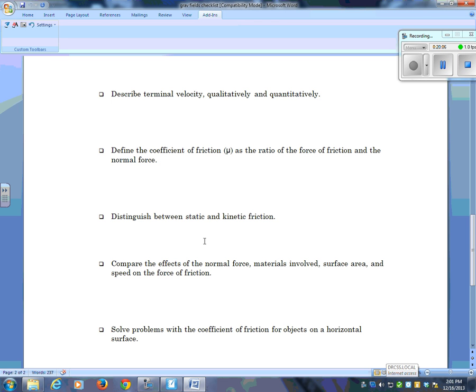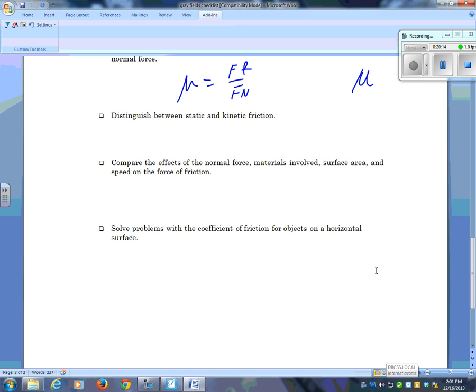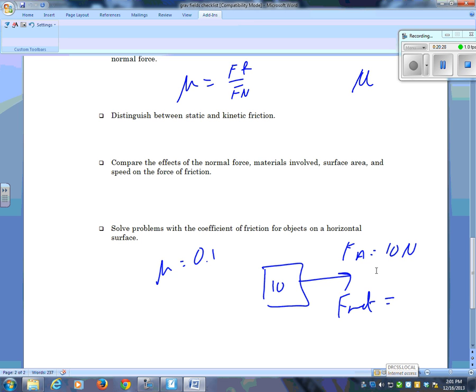Can you solve problems like the ones we did late last week with coefficient of friction for objects on a horizontal surface? In other words, if I give you an object like this and I say that there's an applied force of, oh, maybe 10 newtons, and mu is 0.1, can you determine the net force, if I give you the mass?